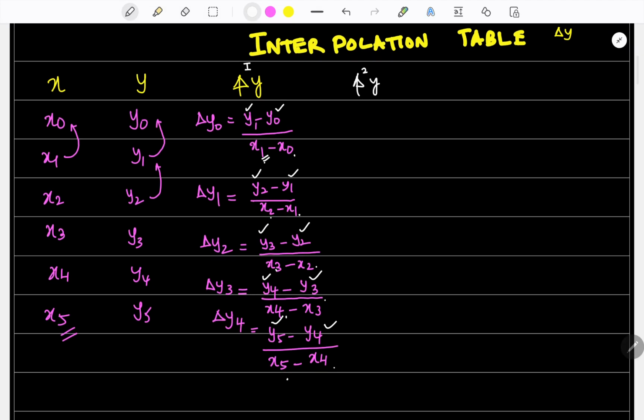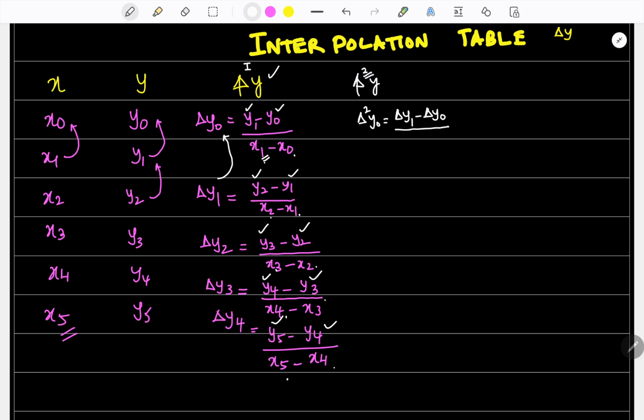Very easy, right? So del square y0, you're going to create from this table, this minus this, which is del y1 minus del y0 divided by, okay, right.